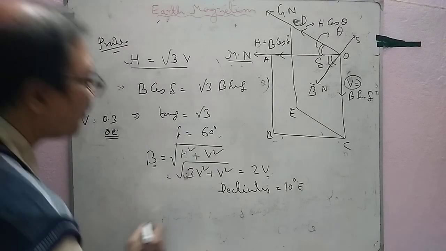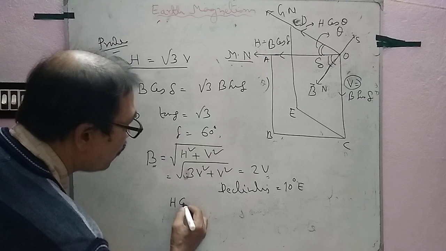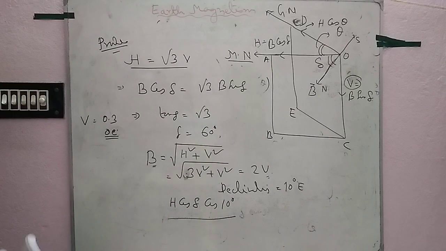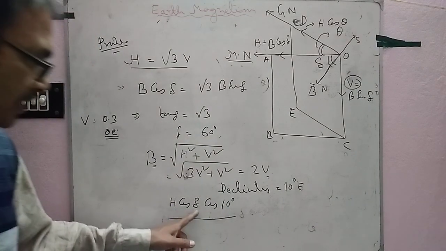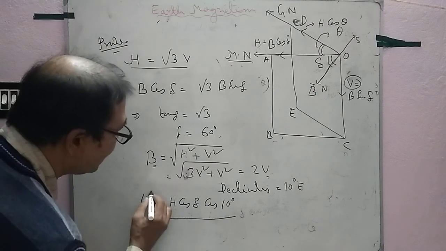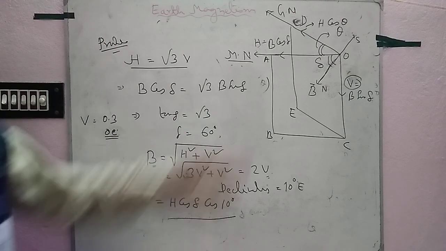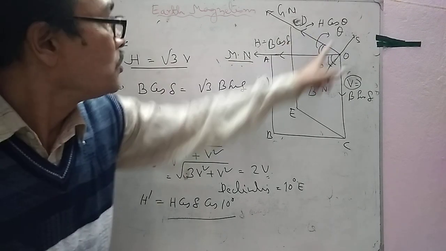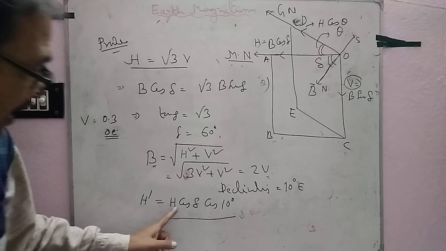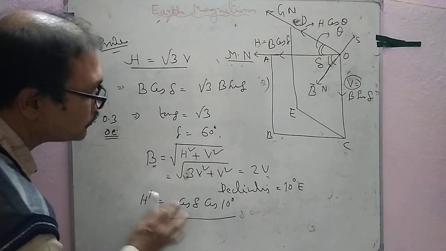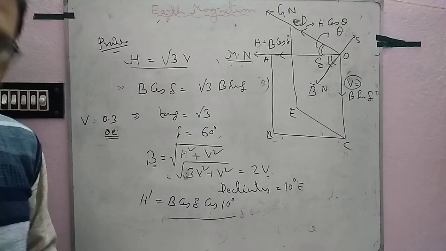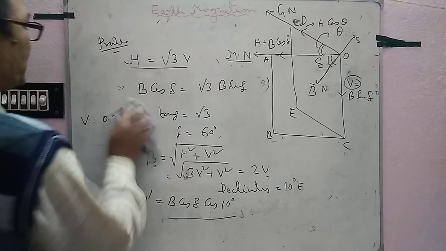So in the geographic meridian, the horizontal component of Earth magnetic field is H cos of 10 degree, that is B cos sigma into cos 10 degree. Clear? Putting the value of B, putting the value of sigma, we will get the horizontal component of Earth magnetic field in the geographic meridian. Follow? This type of problem may arise.